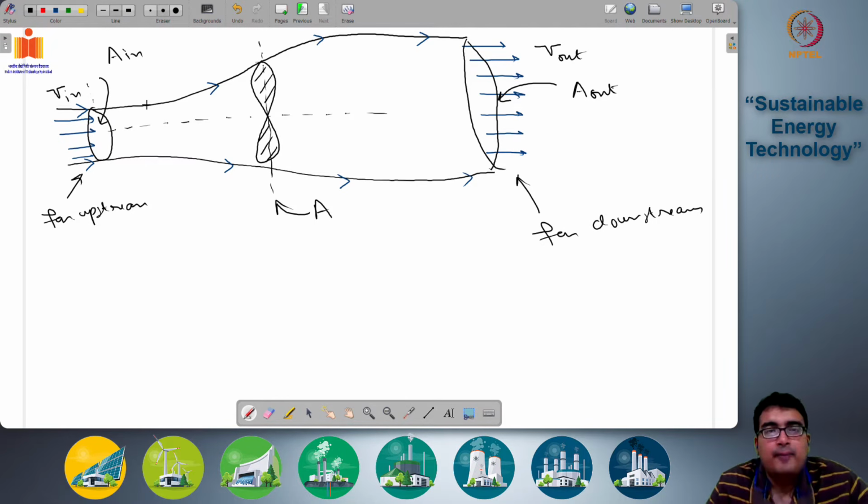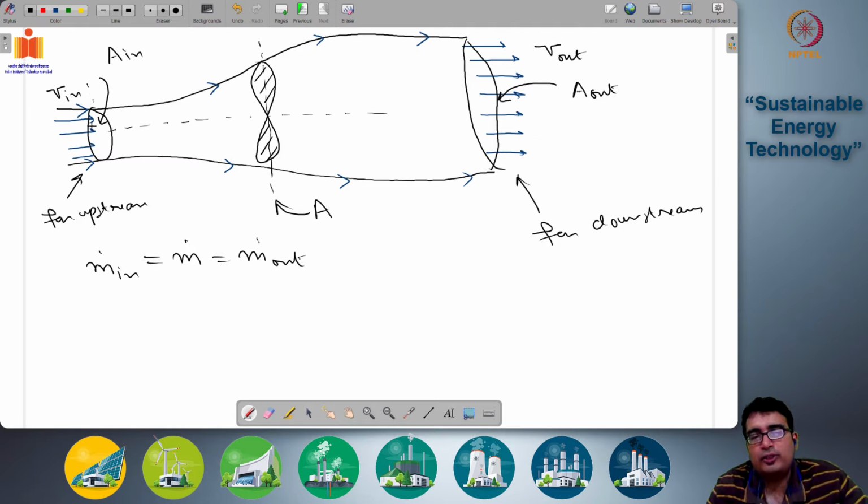Now, because these are streamlines, they are all flowing parallel to each other. Okay, so there is no cross flow across streamlines by definition. So m dot in at the far upstream, the total mass flowing into your stream tubes must be also the mass coming out at the far downstream. So m dot in equals m dot here equals m dot out.